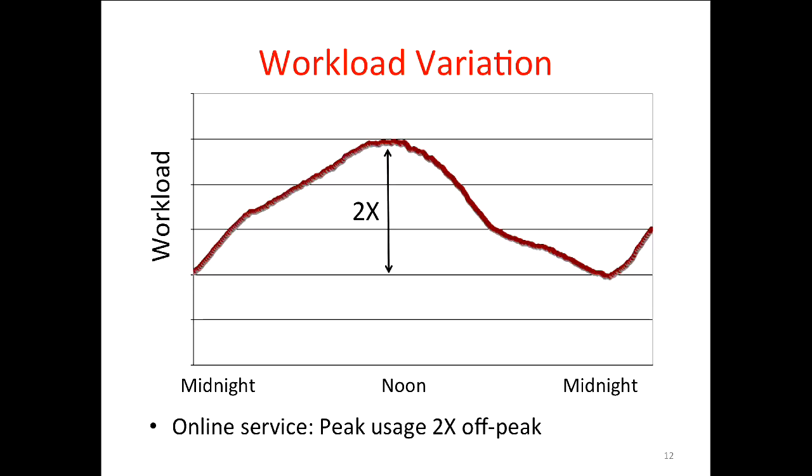I don't know what's happening here. Anyway, it continuously grows until noon, and then decreases again until the next midnight. So there is a lot of variation, because peak usage is 2x the trough. You have to consider this kind of workload variation when developing software for a warehouse scale computer.